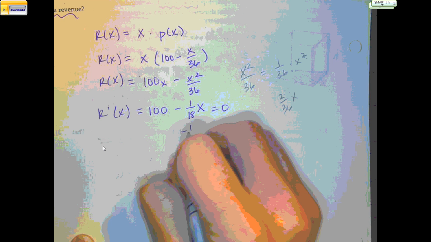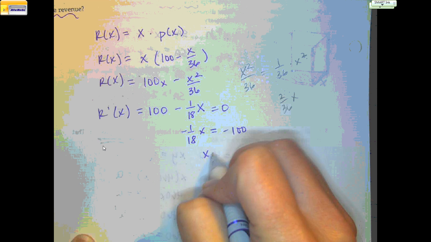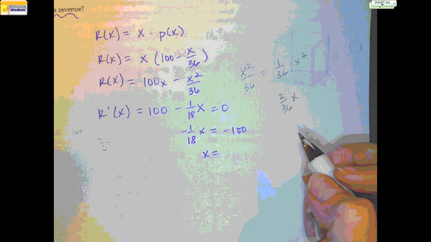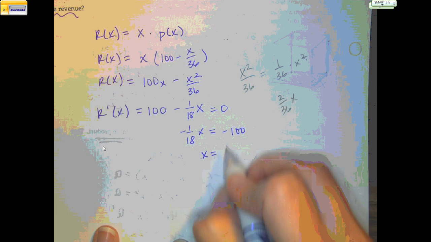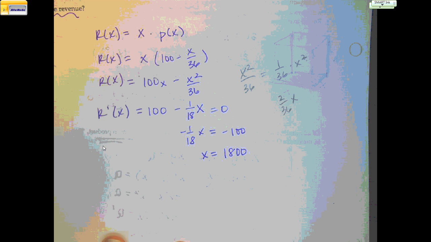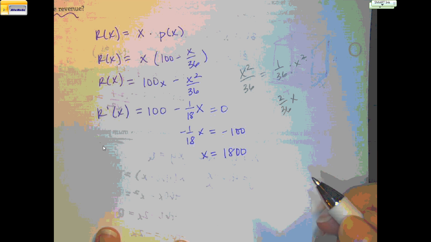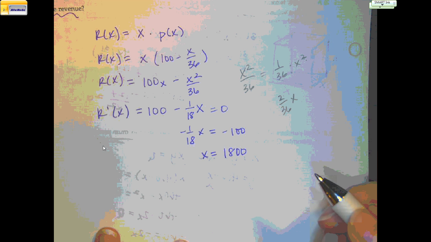Good question. So now we have our derivative, and we set it equal to 0 to find our critical number, which is where the maximum takes place. And 100 times 18 is 1,800. Is it 1,800 candy bars or a different number? Times 1,000, he's right.